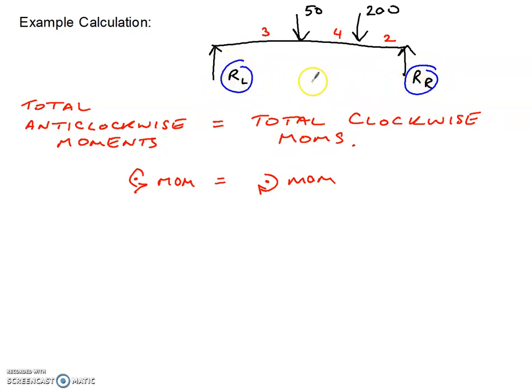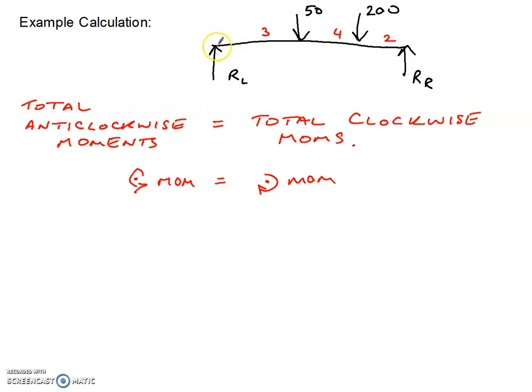And the way we do that is we use the fact that if we take the moment about one end or the other, the reaction force will act through that point, and therefore that force will not have a moment.